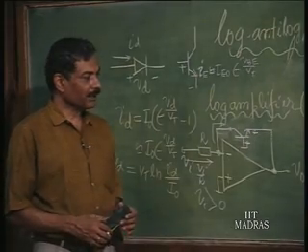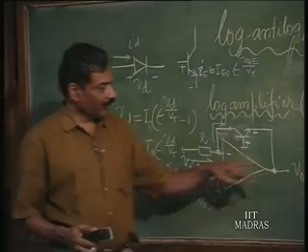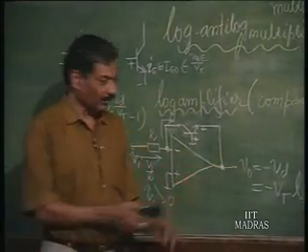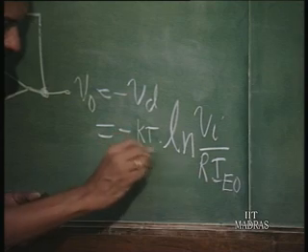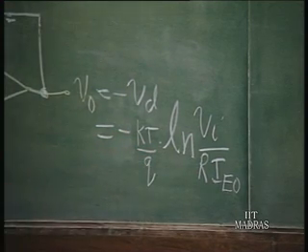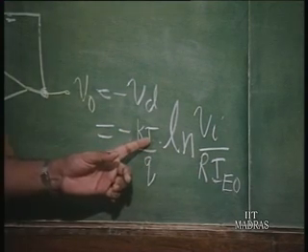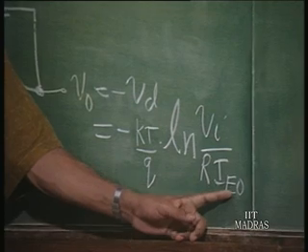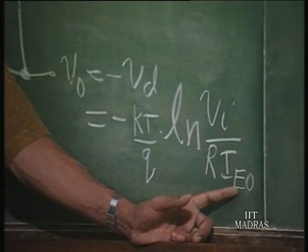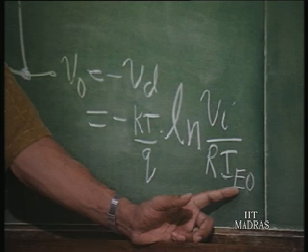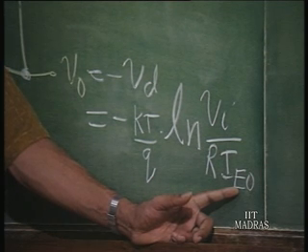Now, we are bothered about this fact that V naught is equal to, now you can see here, Vt, which is kT over q. There is a temperature dependent factor here, and IE naught also is very severely dependent upon temperature. It doubles for every 10 degree rise in temperature. We have said this is a leakage current of a diode, reverse saturation current it is called.